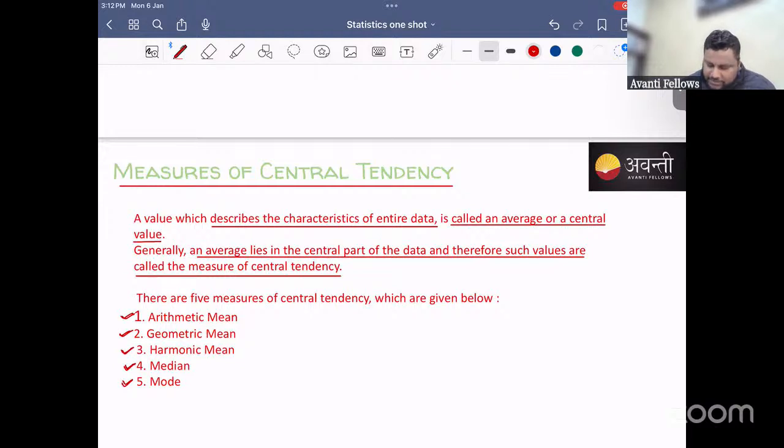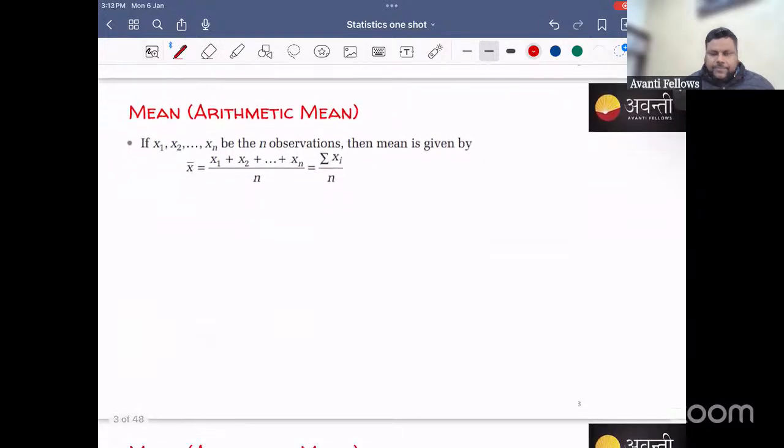Of these, the most widely used are arithmetic mean and median. Got it? Now, what is mean? Say you have n observations. Their arithmetic mean, or simply mean, is the sum of all observations divided by the number of observations. That is, x1 plus x2 plus x3 up to xn, whole divided by n, that is sigma xi upon n.